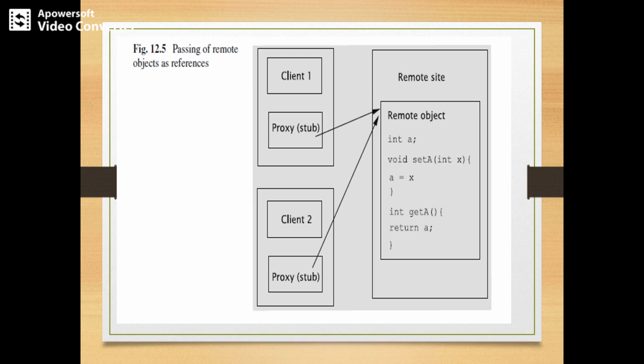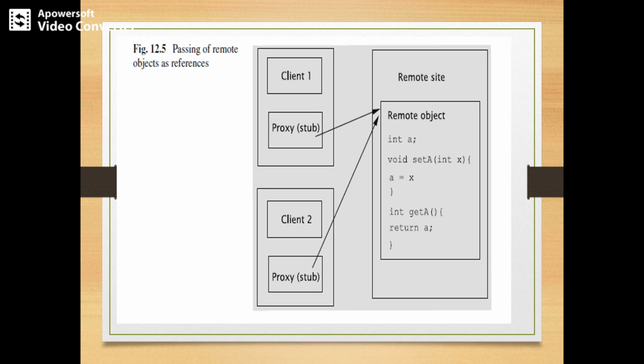As we have seen earlier, the call goes through the stub into the remote object and gets executed, changing the field A to 5.